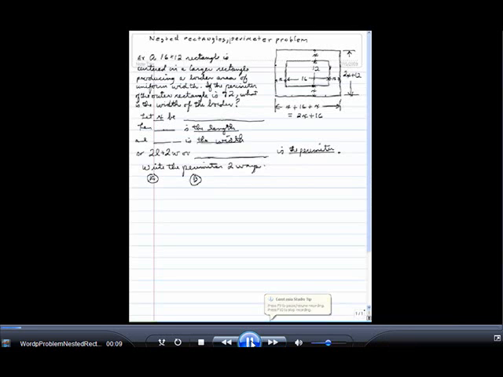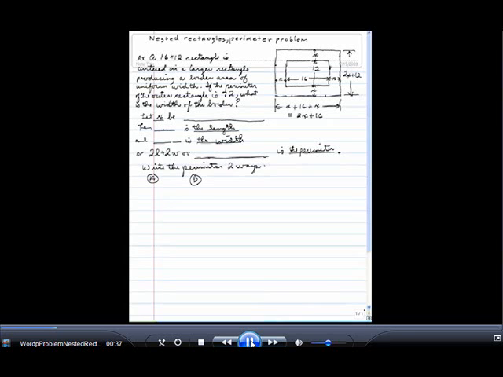In this example problem, we have a situation of nested rectangles. I've written out a sample problem here, which is very similar to a problem from the text. It says a 16 by 12 rectangle is centered in a larger rectangle, producing a border area of uniform width.